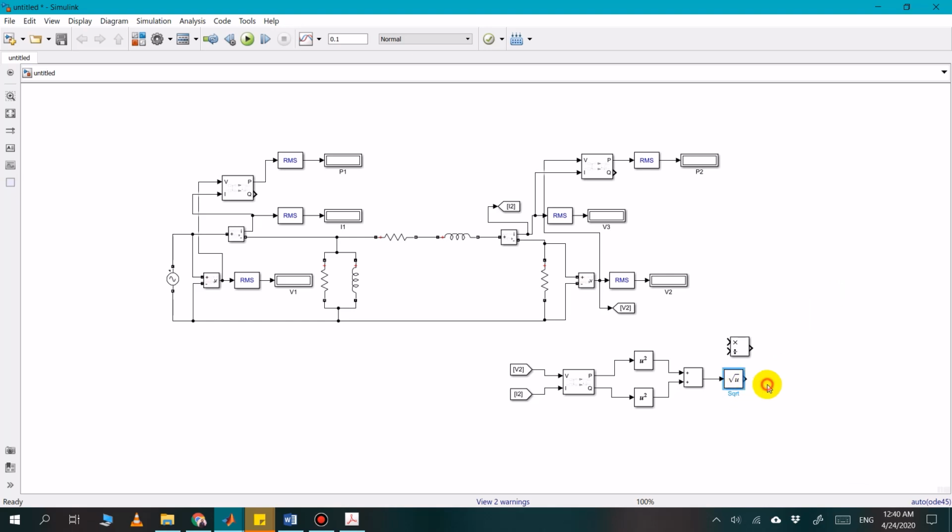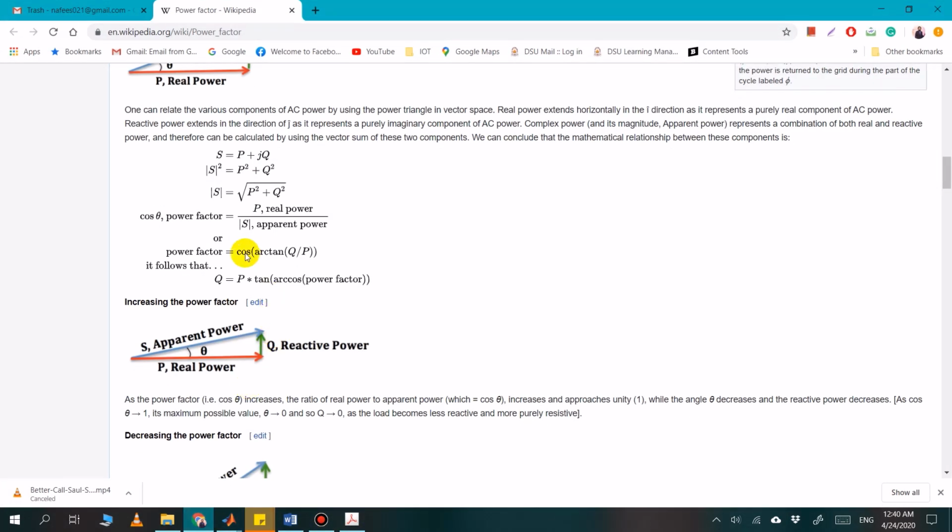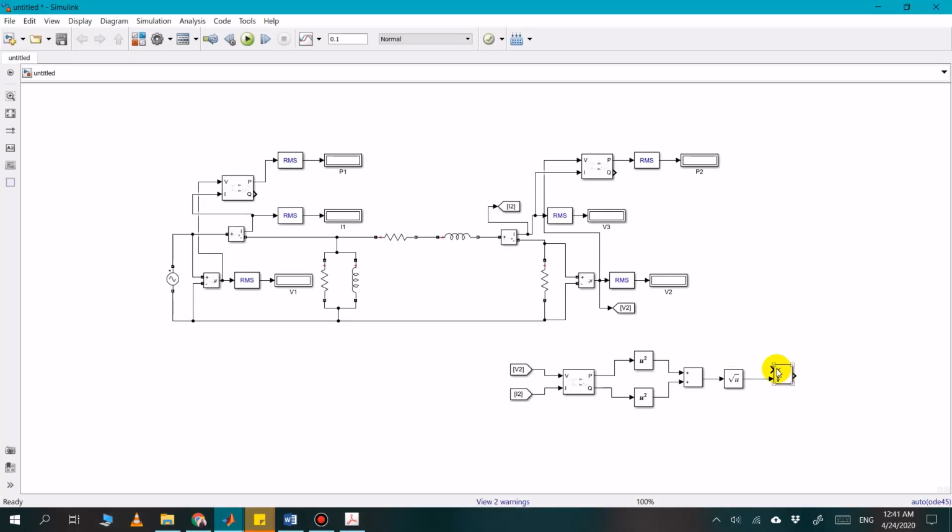So we need to divide, no, real power divided by apparent power. So we will get here the output, that is the power factor. This is the power factor.